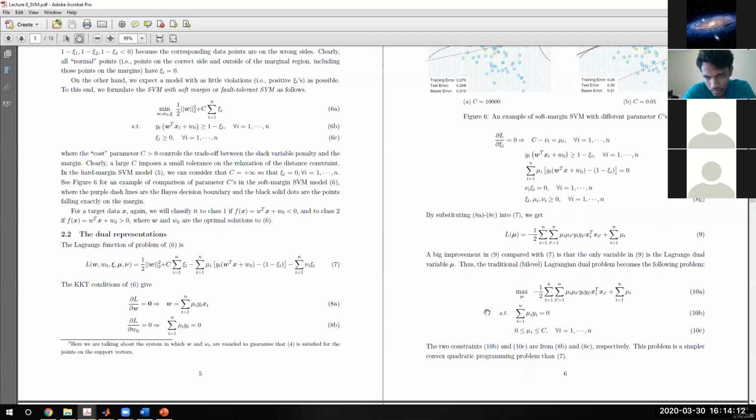And by Slater's condition, Mahbuba, explain what is Slater's condition. Nonlinear case. So in case of nonlinear, there should be an interior point. For convex. Convex, not only nonlinear, convex. Yes. For convex programming, if Slater's condition holds, the strong duality theorem holds.